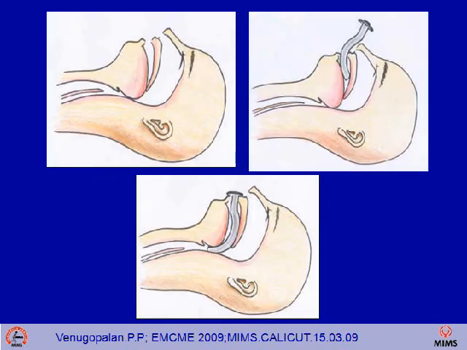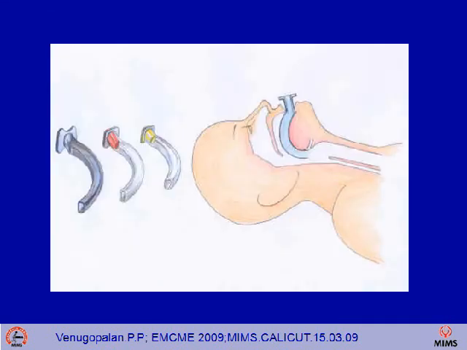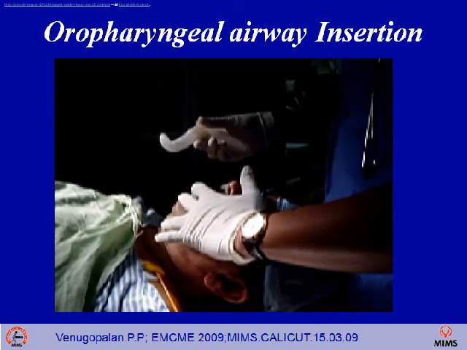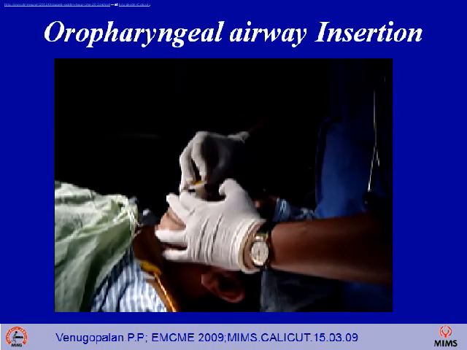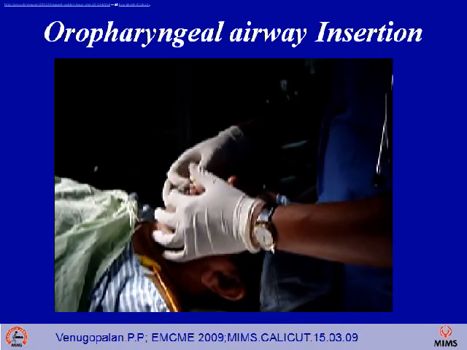This picture shows how to insert an oropharyngeal airway. This picture shows how an oropharyngeal airway maintains the airway by keeping the tongue away from the airway. This is a video showing how to insert an oropharyngeal airway.